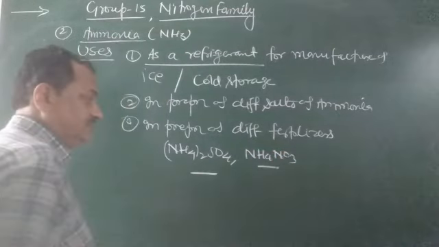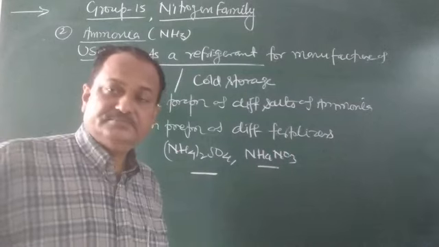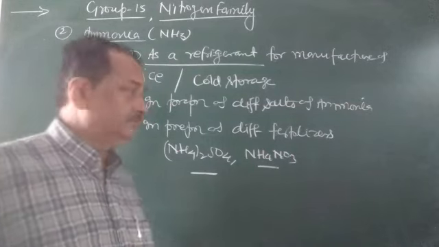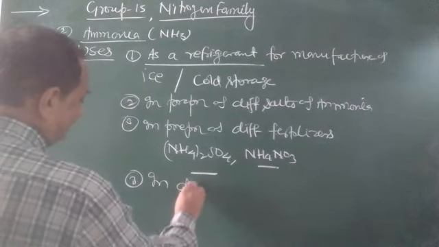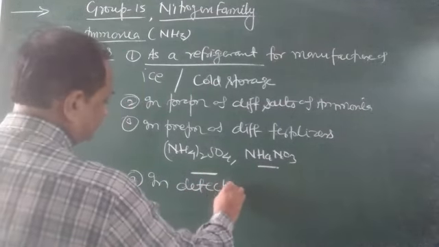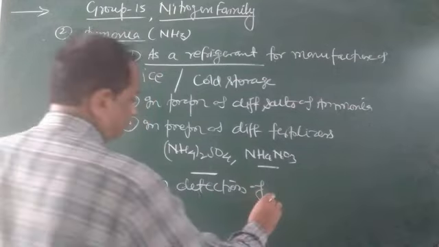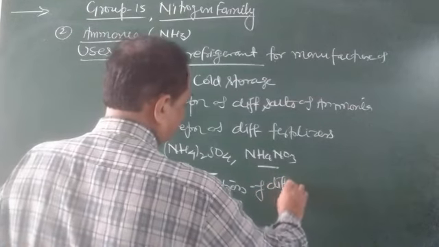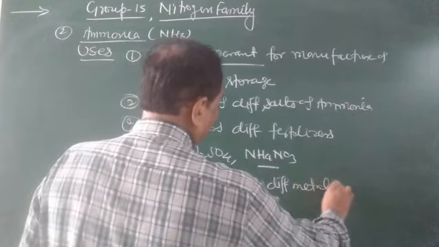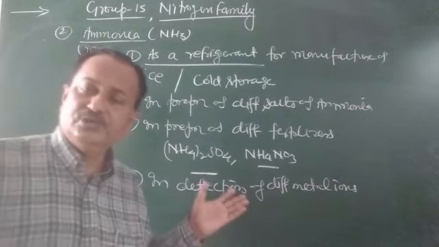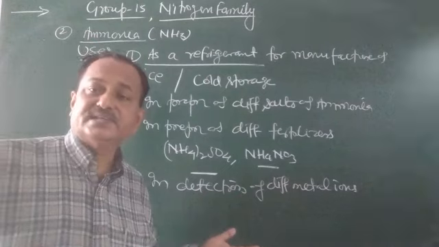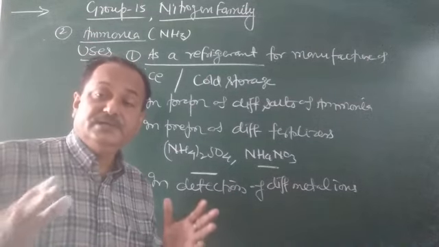These are fertilizers for plants. And then in detection of different metal ions. As you have seen, different metal ions can be detected by the formation of precipitate.